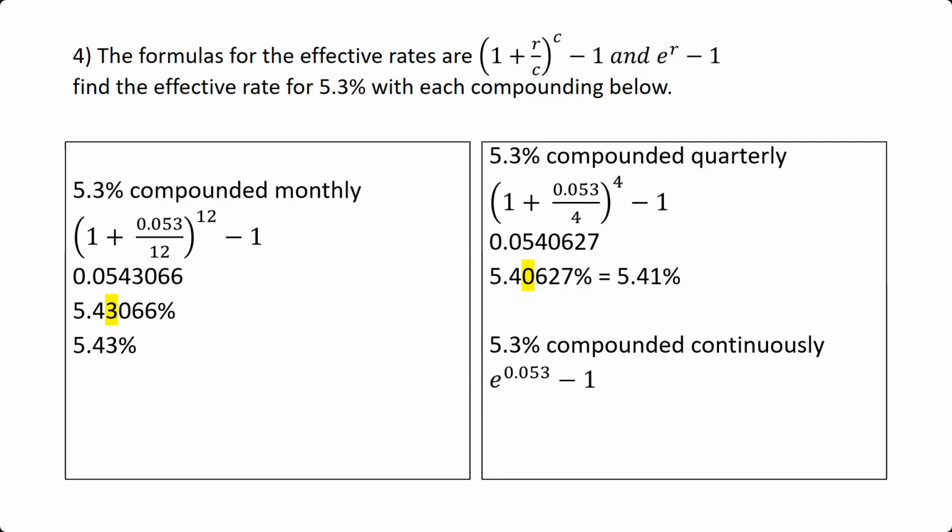When you hit Shift and LN, sometimes you get E, a caret, and a parenthesis. Then you would put the rate, .053, and close the parentheses first. Some calculators just go right up to the exponent. Make sure you come back down before you subtract.